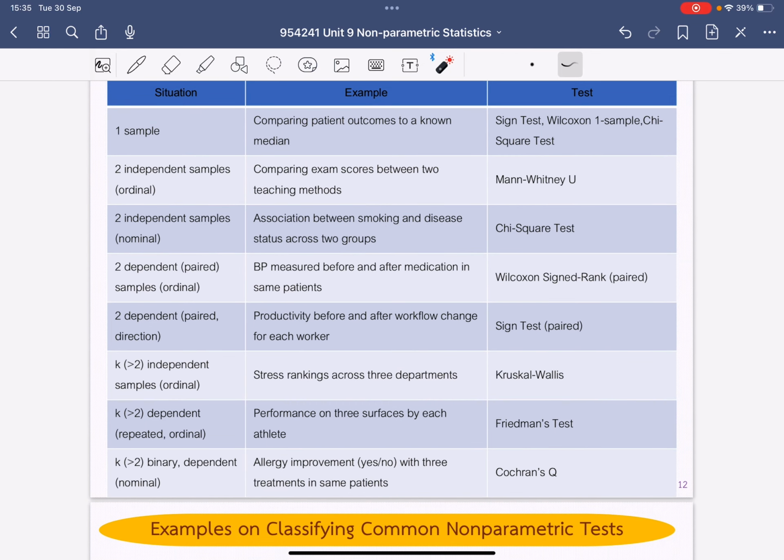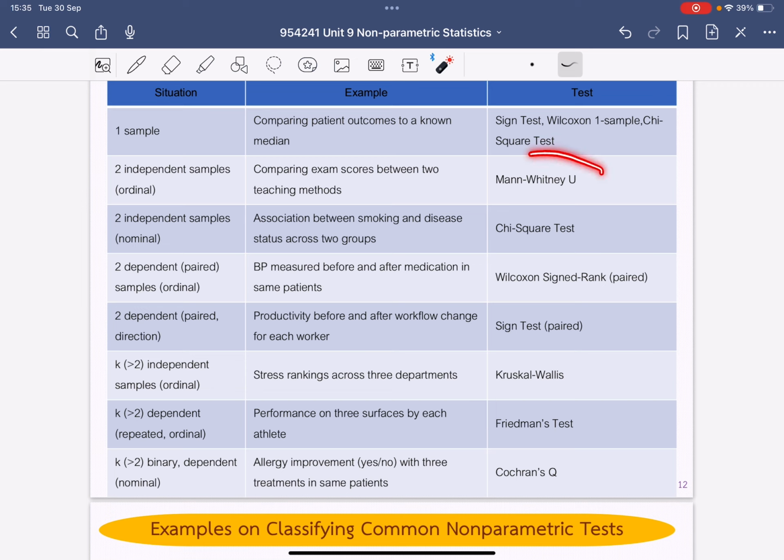And for two independent samples, it means your samples do not rely on one another. For example, you want to compare exam scores between two teaching methods, with two different groups of students.